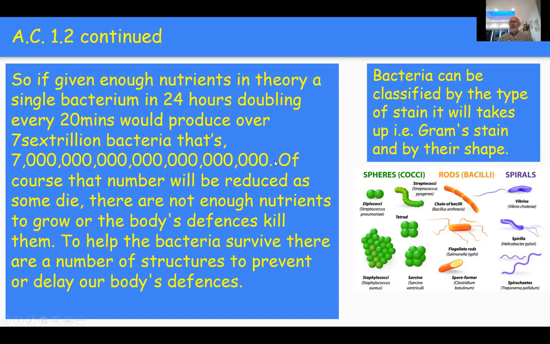Now, of course, that number will be reduced as some die, there's not enough nutrients to grow, the temperature's not right, or the body's defenses start to kill them off. Now, to help the bacteria survive, there are a number of structures to prevent or delay our body's defenses.